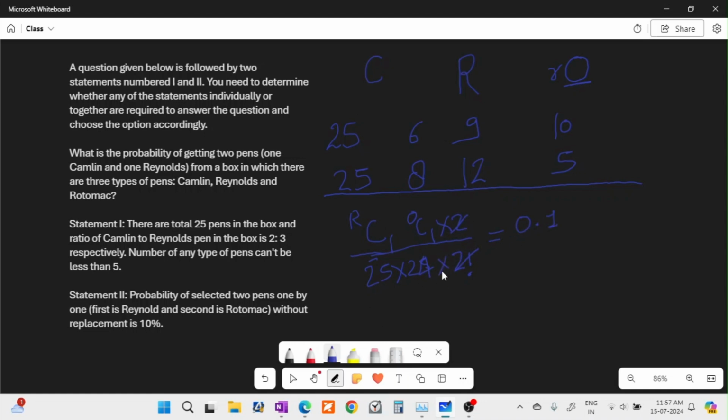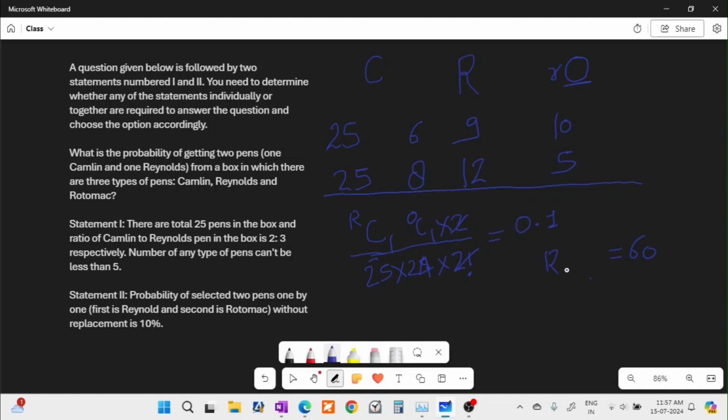And we will shift this side, 25 into 24. 24 into 25 is 240, 480, 600. 600 into 0.1, we will get 60. Because this is RC1 and OC1, and R is a number and O is a number here.